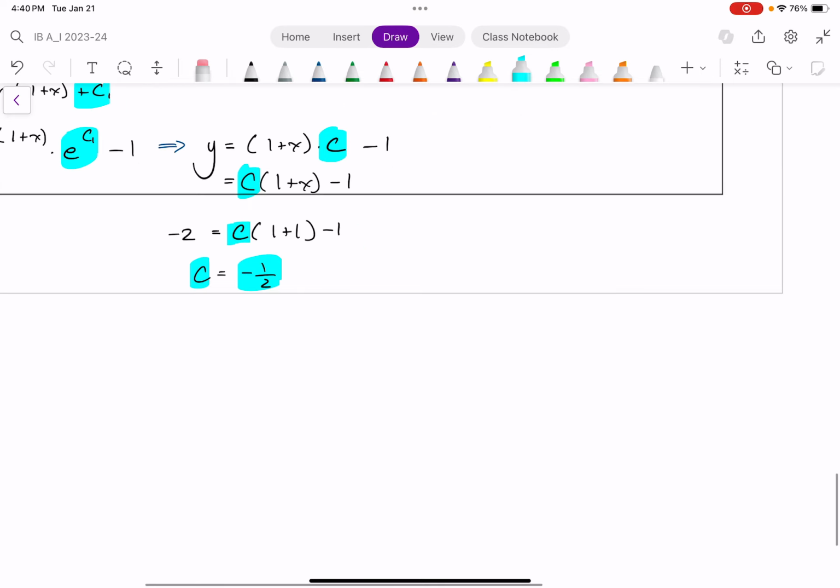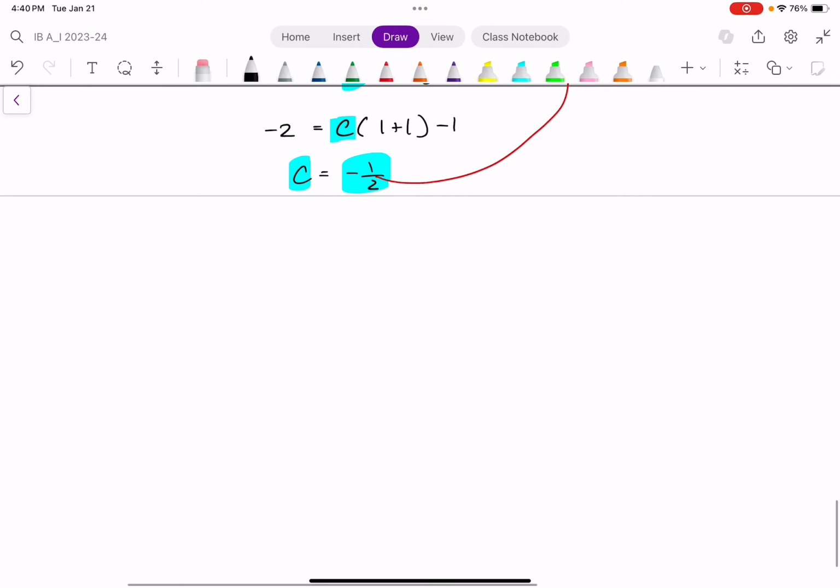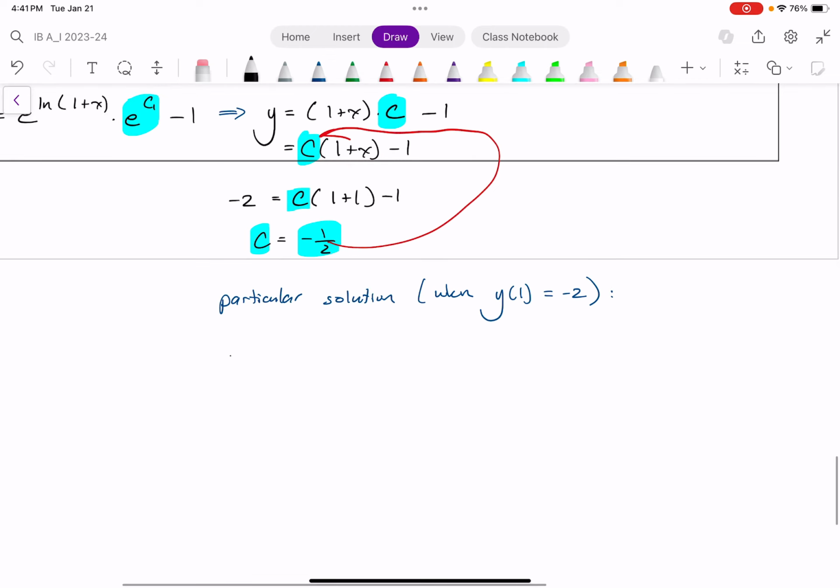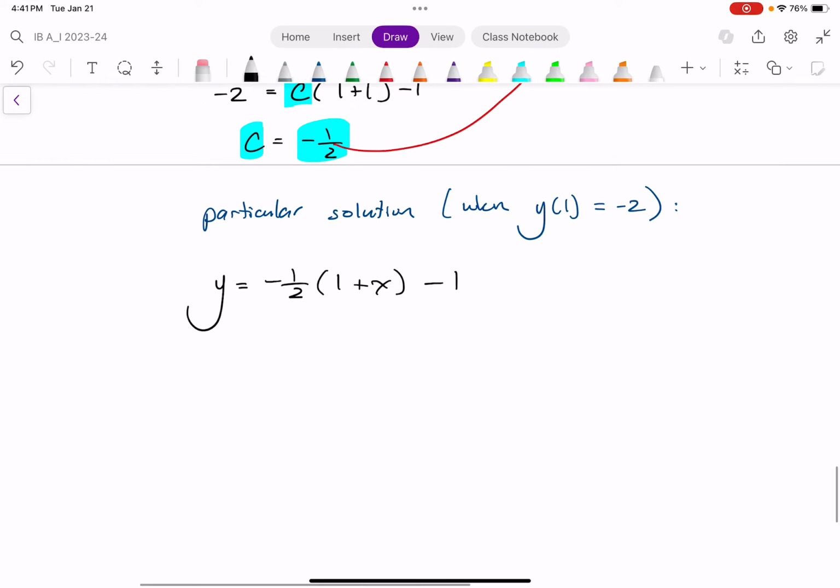So now I know my particular solution. So I can say, okay, I'm going to take this -1/2 and put it back right here. And since I have an endless screen, I can just write and say that my particular solution, which is only true when y at 1 equals -2, specific to that, the particular solution will be y equals -1/2 times 1 plus x, or x plus 1, take away 1, which is a linear function.